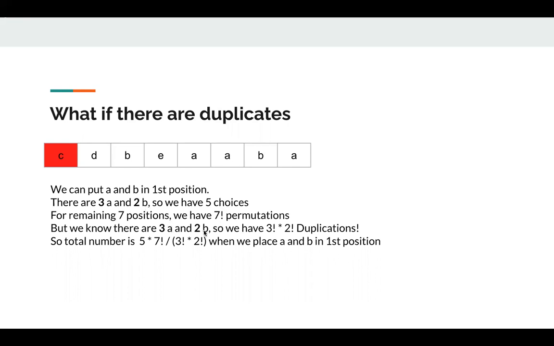Since we have 3 A's and 2 B's, we have factorial of 3 multiplied by factorial of 2. So the final total unique number is 5 multiplied by factorial of 7, divided by factorial of 3, then divided by factorial of 2, when we place A and B in the first position. For the second, third, fourth positions, we can apply the same algorithm.